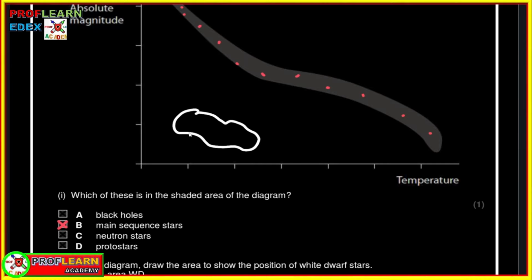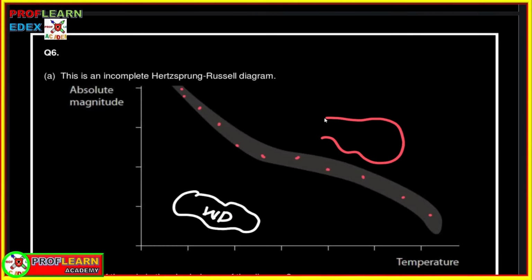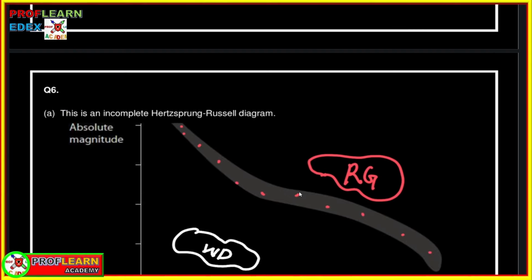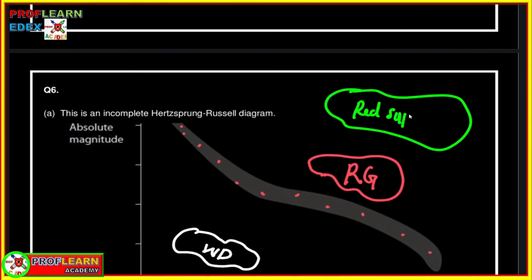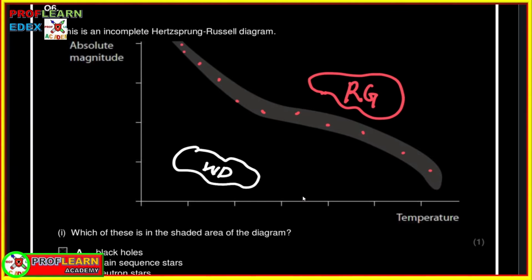Then down here we have the white dwarfs, which is almost the end of the life cycle of a star. And then the upper part, we have the red giants. Here we have the red giants, and at the top here we have the red supergiants. So you really need to know where all these regions of the HR diagram are.